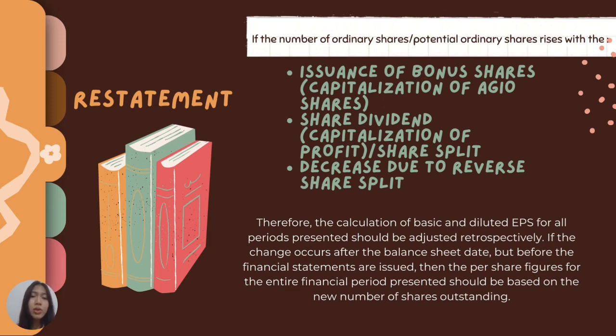And we have the restatement here. If the number of ordinary shares or potentially ordinary shares rises with the issuance of bonus shares or capitalization of shares, share dividend or capitalization of profit or share split, or decreases due to a reverse share split, then the calculation of basic and diluted EPS for all periods presented should be adjusted retrospectively if the change occurs after the balance sheet date but before the financial statements are issued.